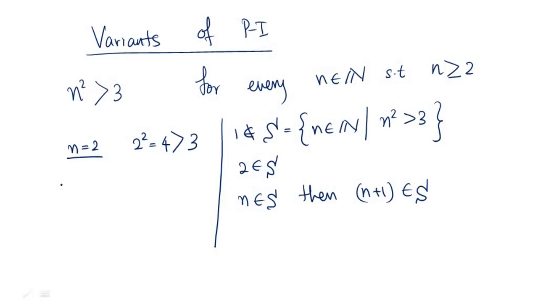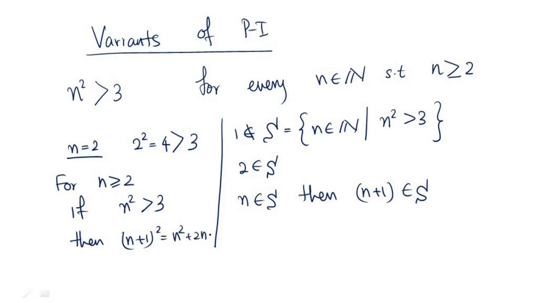And for any n greater than or equal to 2, if n squared is greater than 3, then I can also show that n plus 1 squared, which is equal to n squared plus 2n plus 1, which is clearly greater than n squared, and therefore it is greater than 3.